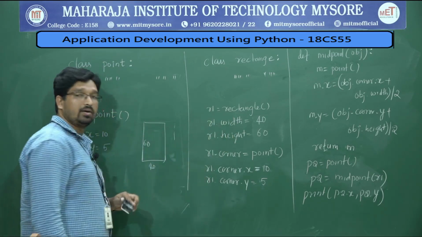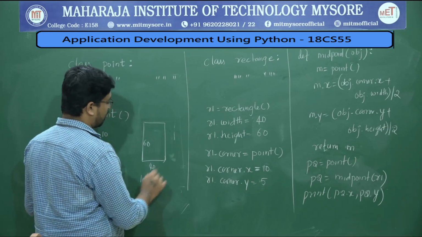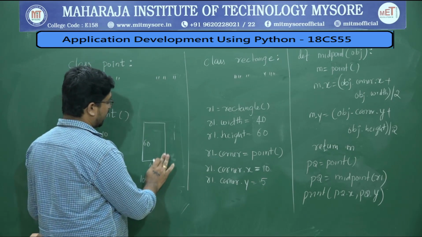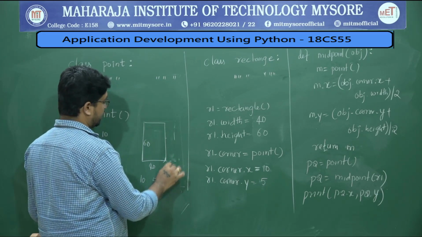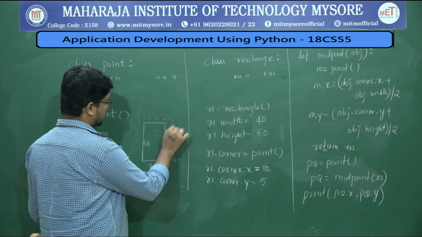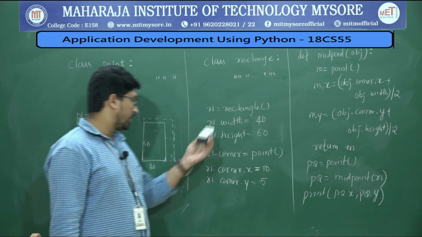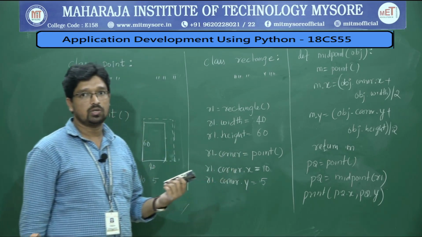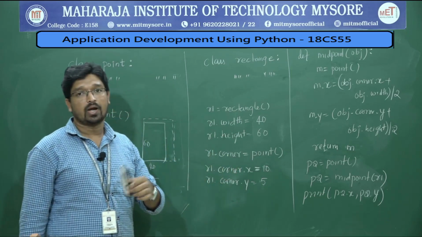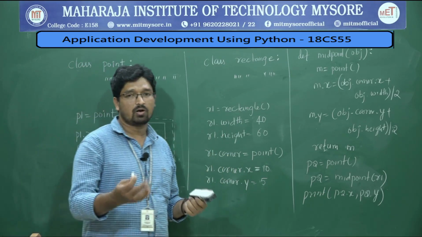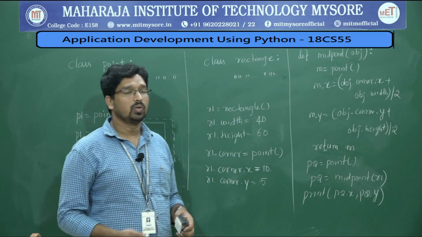Now I want to increase width by 10 points and height by 5 points. Then your rectangle should look like this: this is the old rectangle, and the new rectangle will be 10 points more in width and 5 points more in height. So this is a new rectangle. Even though you have an old value, if you want to change to a new value, you can. The old value will be removed and the new value will get stored. That is what is called mutable. It means you can change the value as per your requirement.